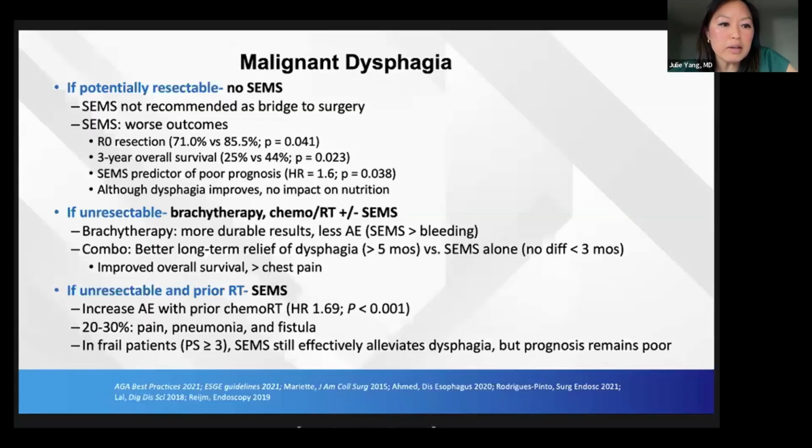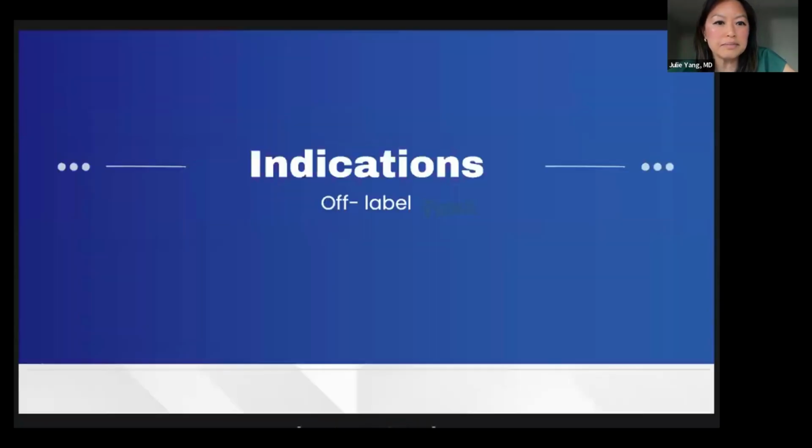But you do need to know that there are increased adverse events with prior chemotherapy, radiation therapy, and there is more pain, pneumonia, fistula formation. And in very frail patients, so performance status greater than three or four, SEMS is still effective in alleviating dysphagia, but again, the big picture is that the prognosis remains poor and the overall survival is only a few months.